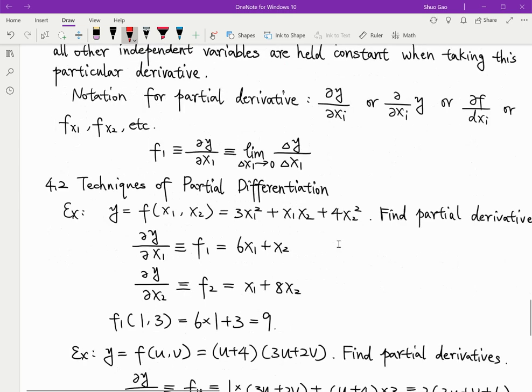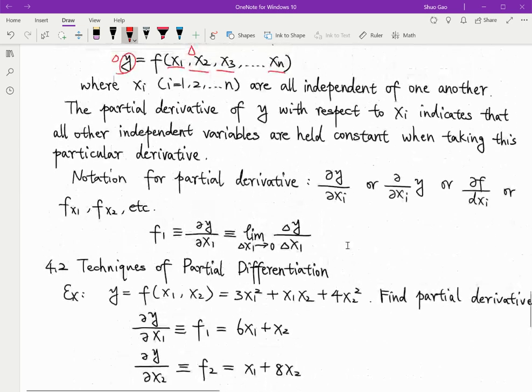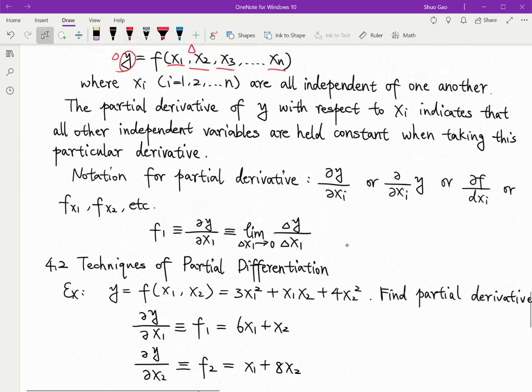The notation for partial derivative is partial y over partial x. This sign means partial derivative, and it's different from dy over dx.